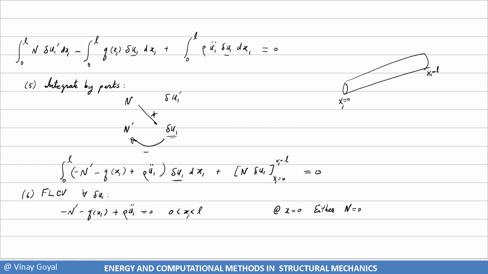In this case, I don't have an axial force applied, so N equals 0, or u1 is specified. Because if u1 is specified, then del u1 is 0. You cannot write del u1 is 0 here, since that is not complete if you did that. At x equals L, either N equals 0 in this case, or u1 is specified.